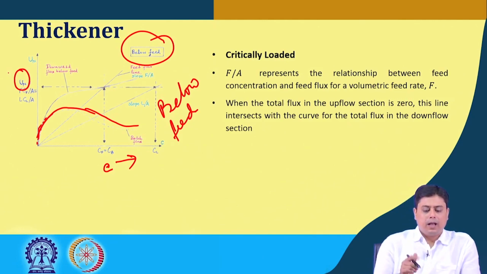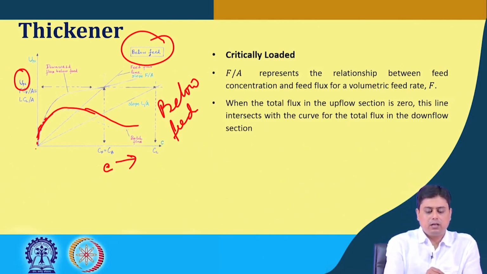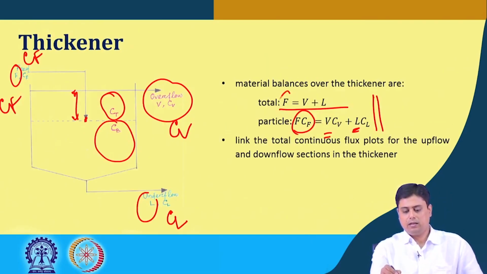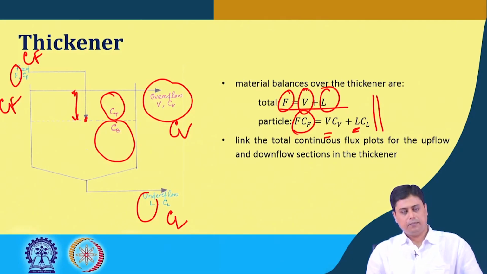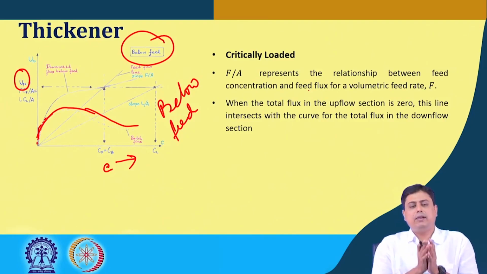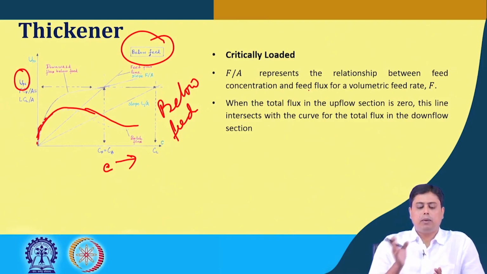Okay. Now, which means this F by A, V by A and L by A, these are the values of slopes of the bulk flow rate, of the underflow and the overflow.